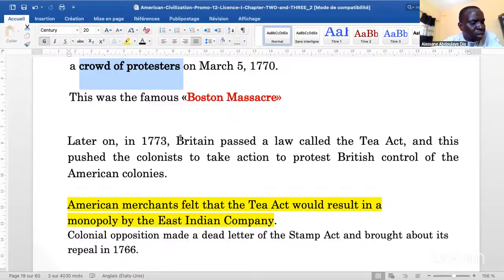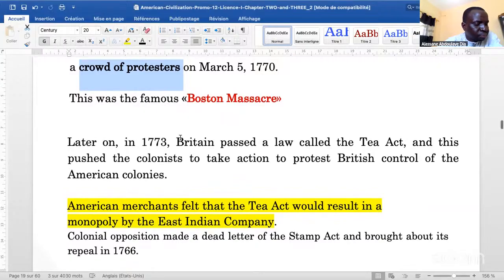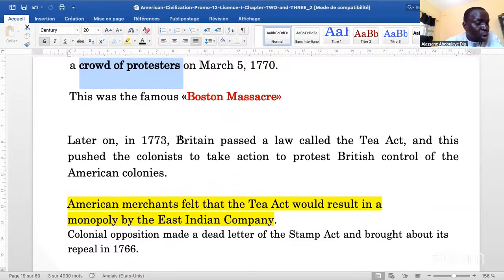Some protesters, demonstrators, wanted to say no against the taxation. They were frustrated, and some soldiers massacred them. All right? That's what we call the Boston Massacre. And the Boston Massacre happened on March 5th, 1770.